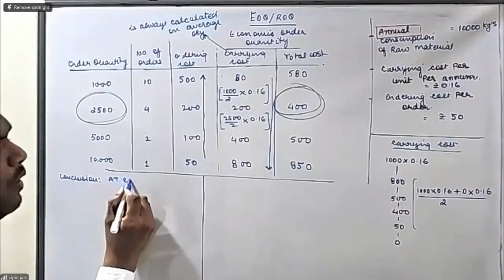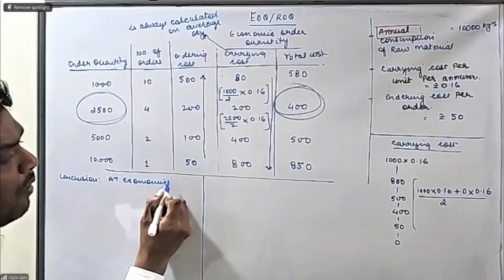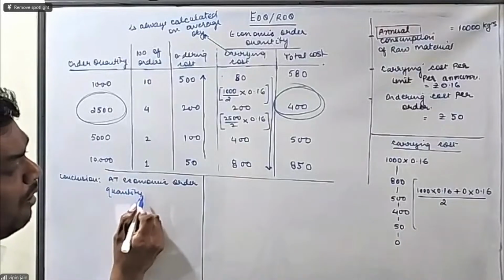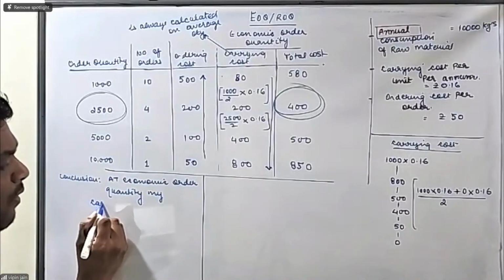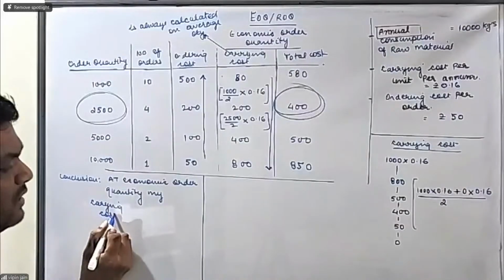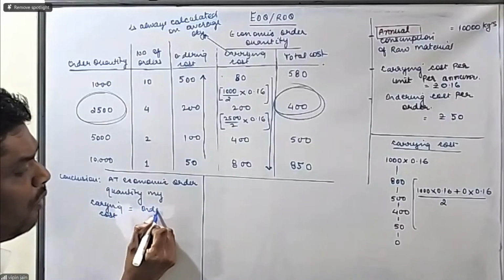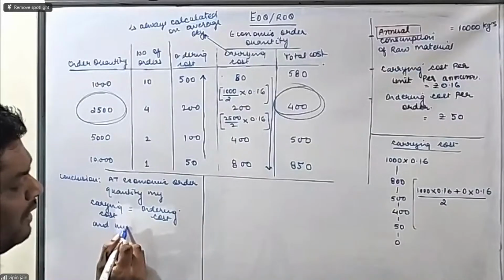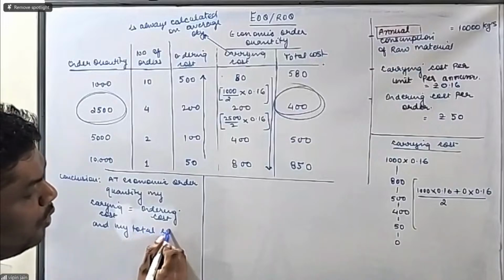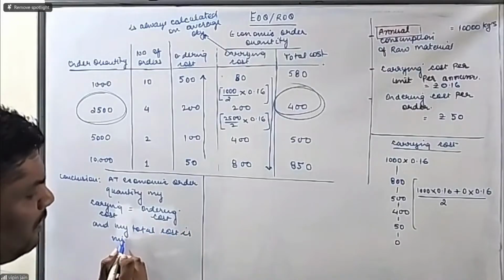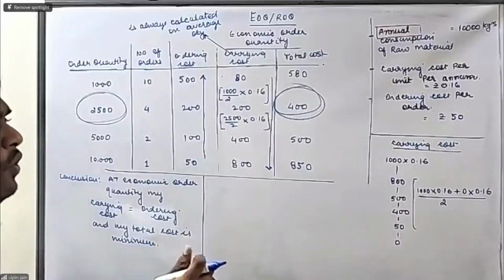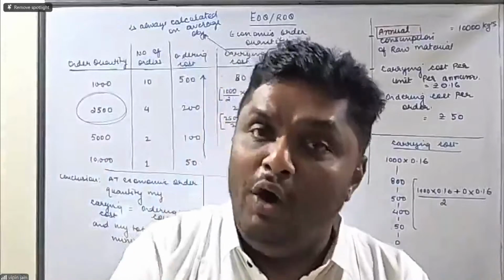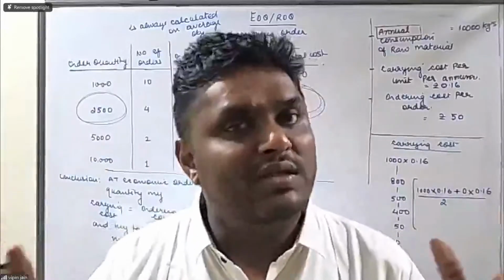At economic order quantity, my carrying cost is equal to ordering cost and my total cost is minimum. I hope this part is clear to you, what economic order quantity is: the quantity where my ordering cost and carrying cost are equal and the total cost is minimum.